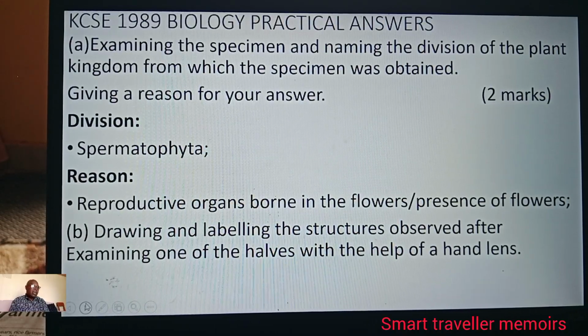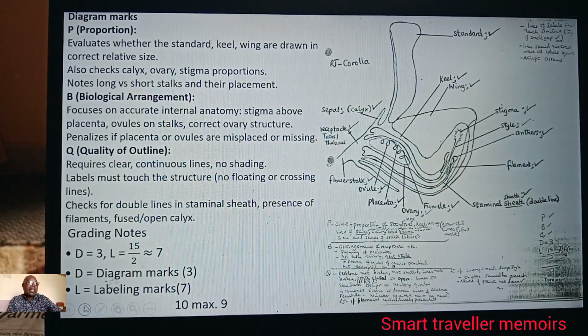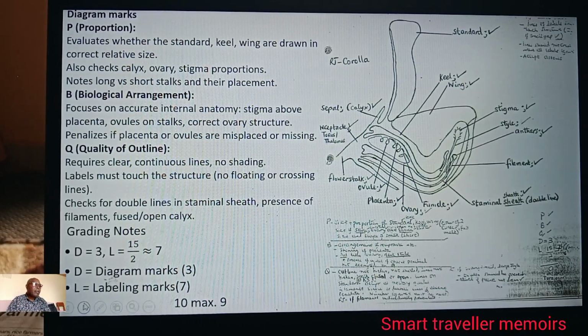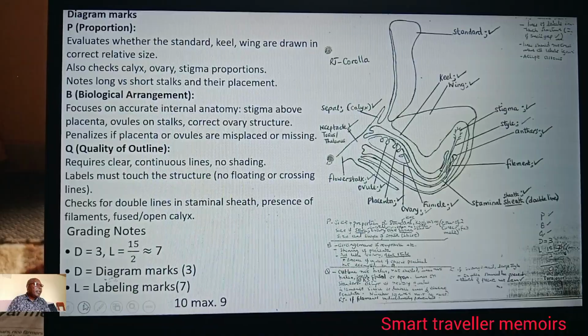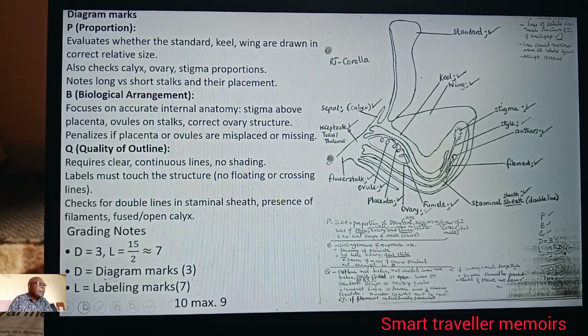In B, drawing and labeling the structures observed after examining one of the halves with the help of a hand lens is our next slide. The drawing, that is at B, is going to be marked from the top clockwise.